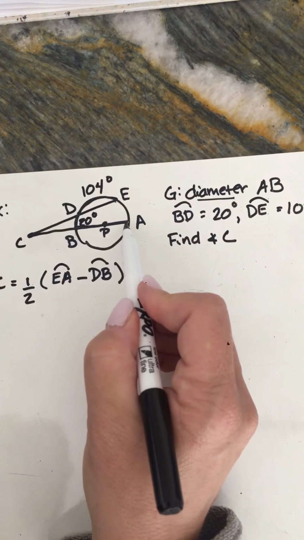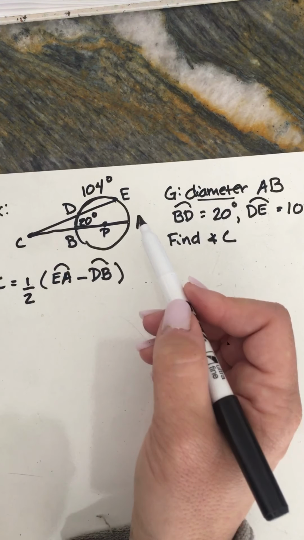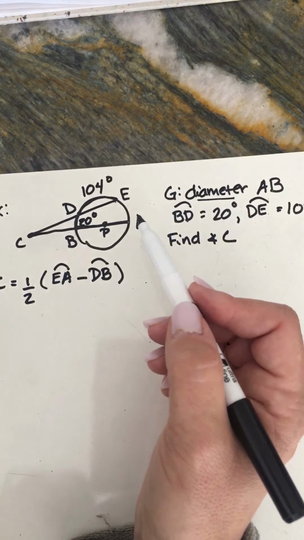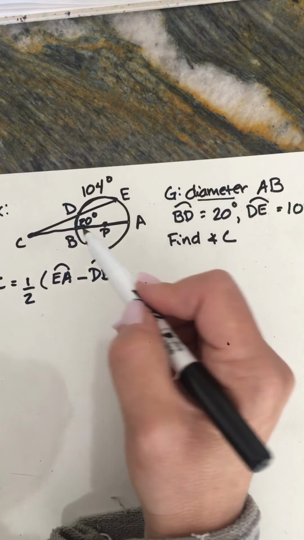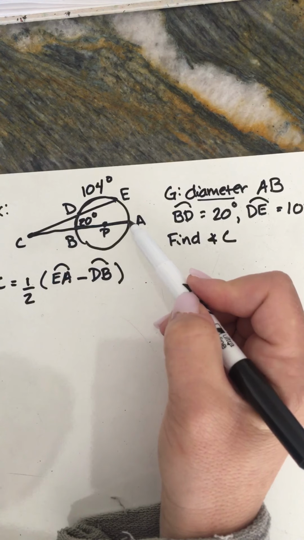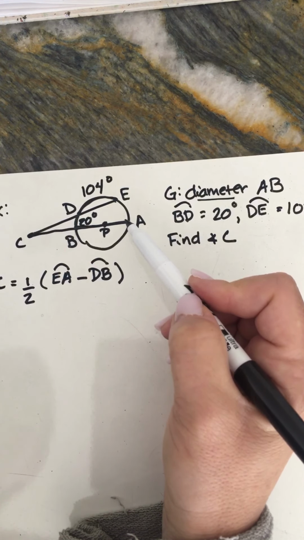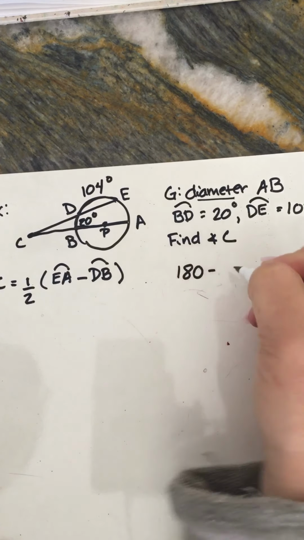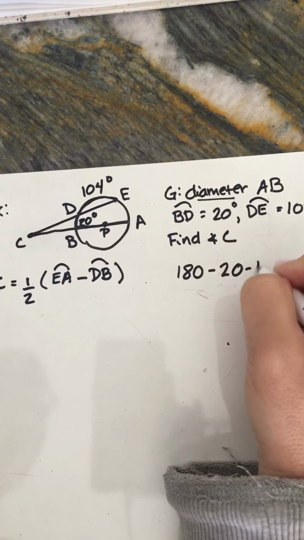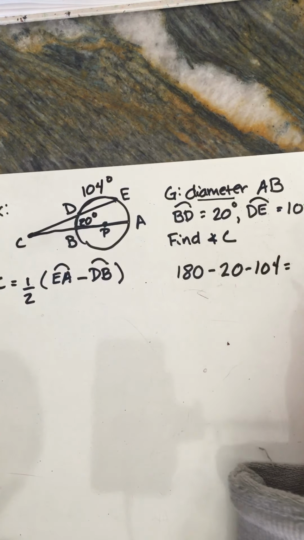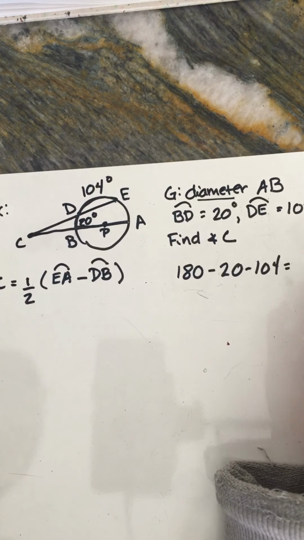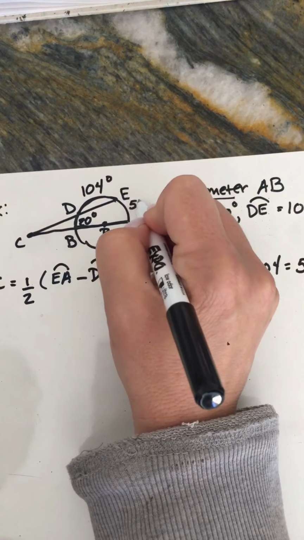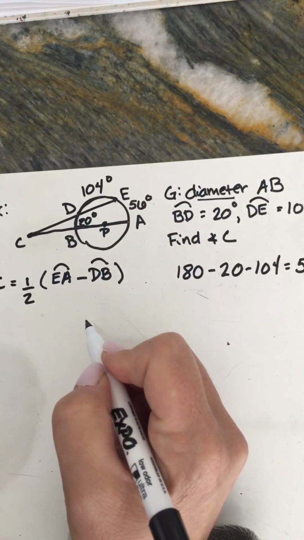A diameter splits the circle in 2 equal parts. I know it doesn't look equal from my picture, but half of a circle is worth 180. So we can do 180 minus the 20, minus the 104. So that leaves us with 56. So this guy is 56 degrees.